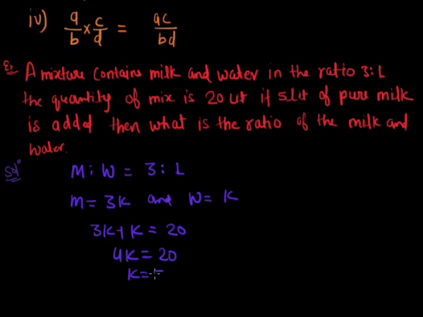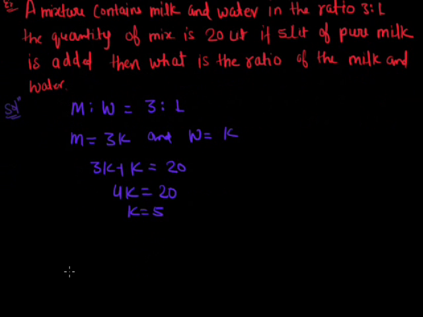So we can find K is equal to 5. So in the mixture, milk is 3 into 5 means 15 liter and water is 5 liter.